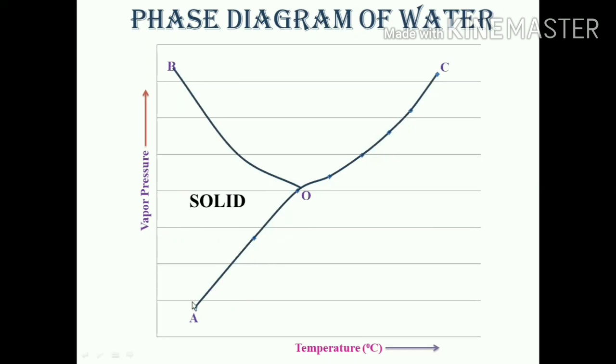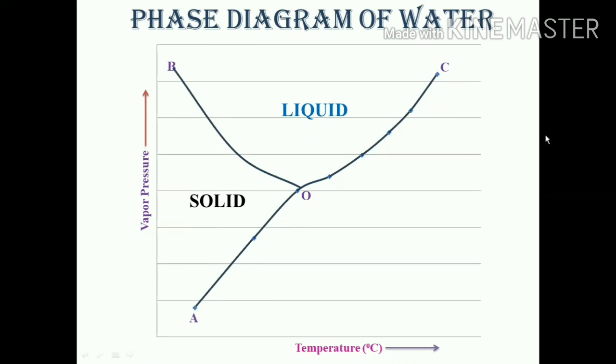So the area which lies to the left of curve AOB is the solid state. And the area which lies above the curve BOC, this entire area, shows the characteristics of the liquid state of water. Okay, the water that we consume.